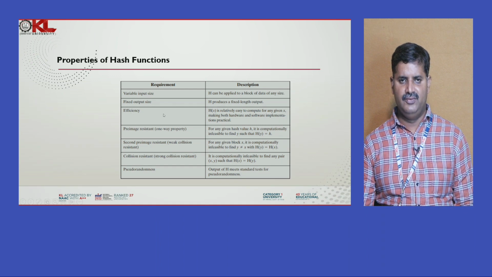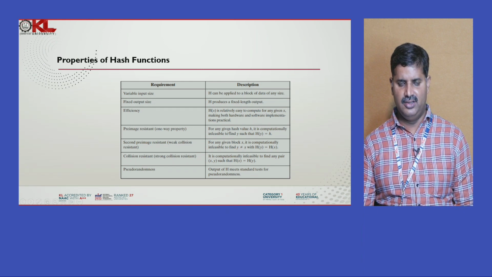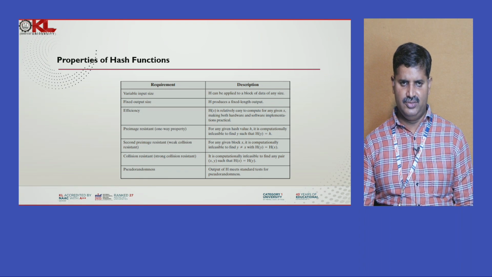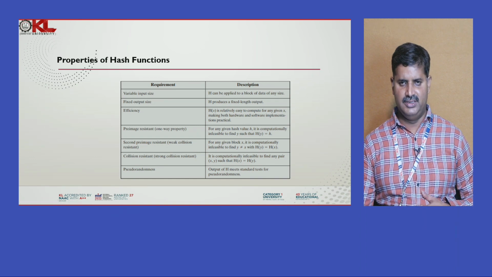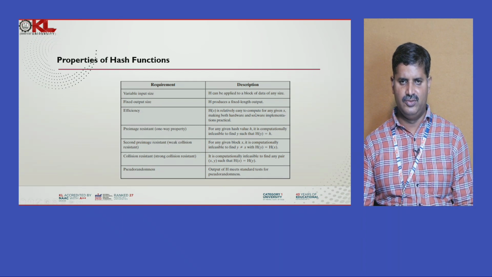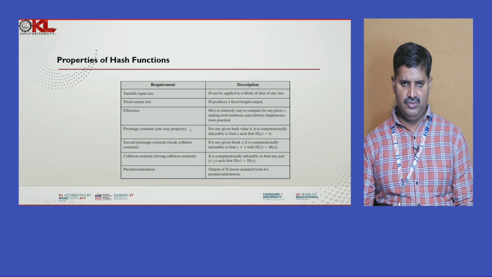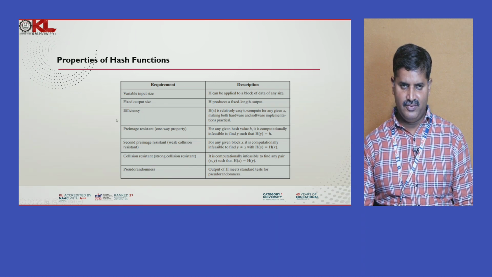Coming to efficiency, H(x) is relatively easy to compute for any given x, so that you can meet the hardware as well as software requirements based on the given input message, because the message length is variable. So we have to define any kind of message as an input to the hash function to produce the relevant fixed output, so that this function performs efficiently.